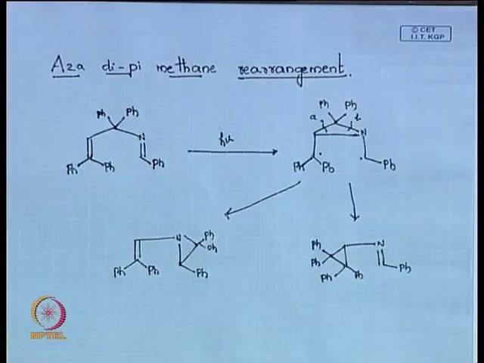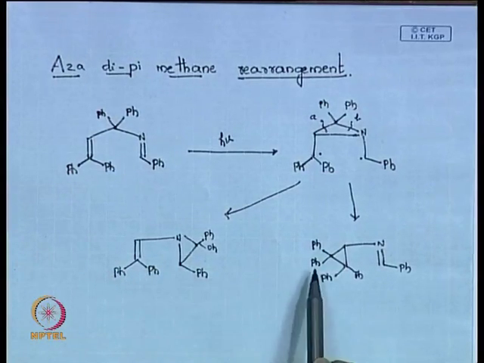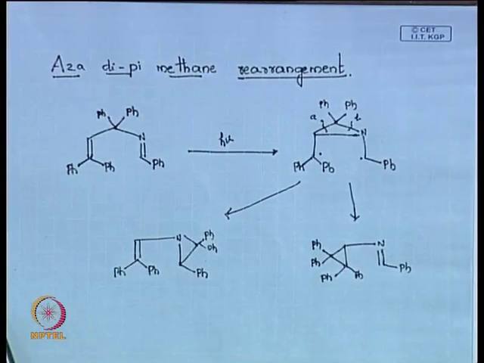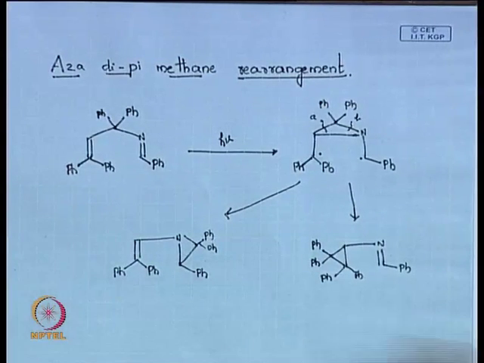So this is what we studied in the previous class, right. In the aza-di-π-methane rearrangement you can see both products forming. Okay. So, now we will try to do some examples on this aza-di-π-methane rearrangement.